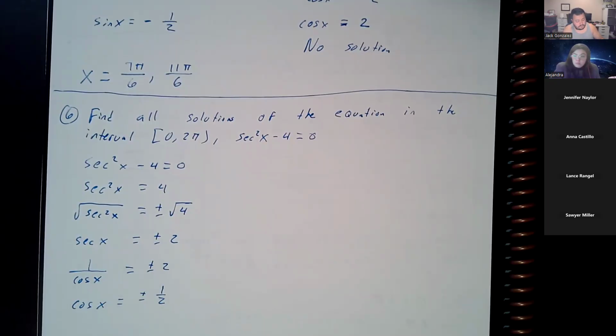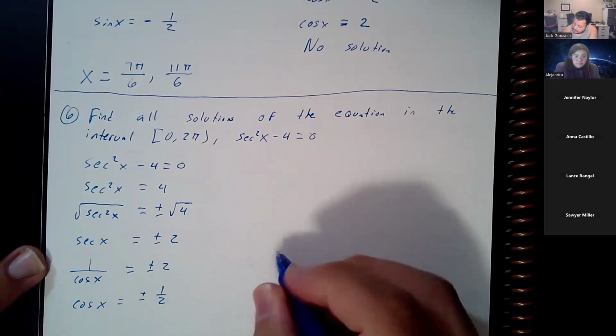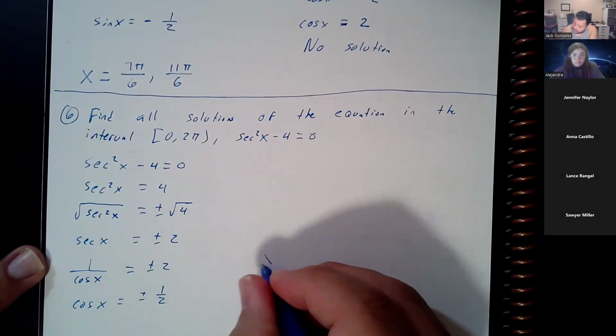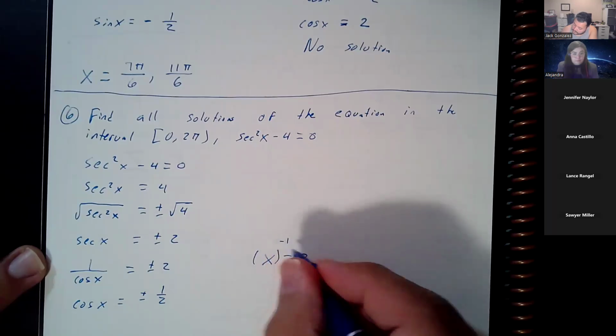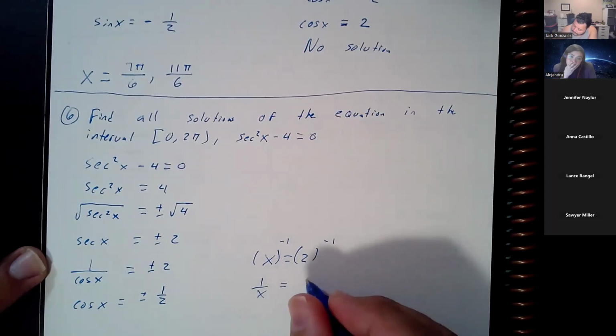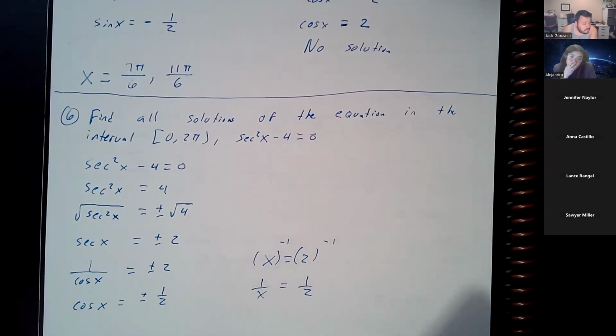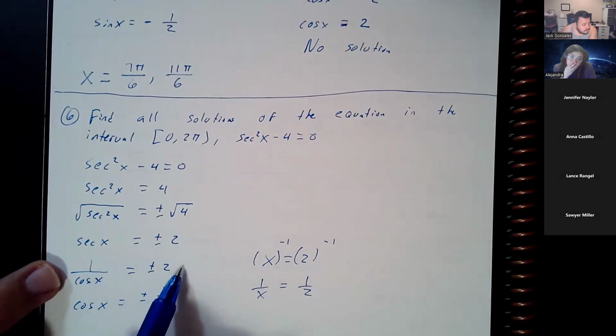I have a question. How does it change to half? Basically, the rule I'm not showing is this. If you had x equal to 2, I could technically take the reciprocal of both sides and flip them over. So what I did is, I want cosine on top, so I flipped both of them over.